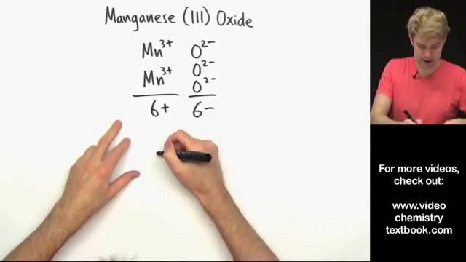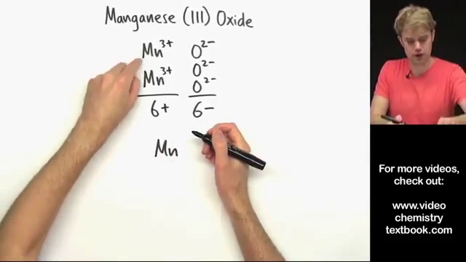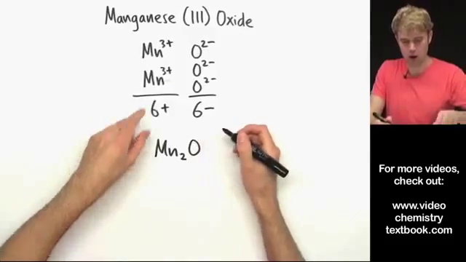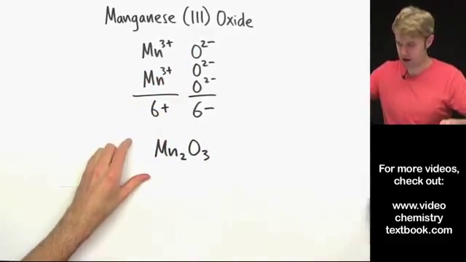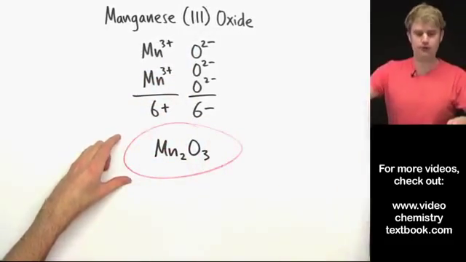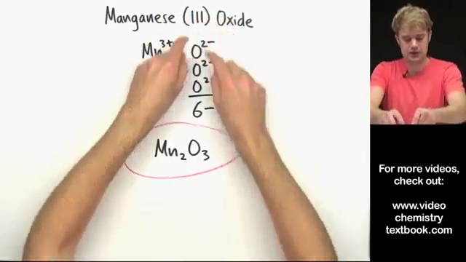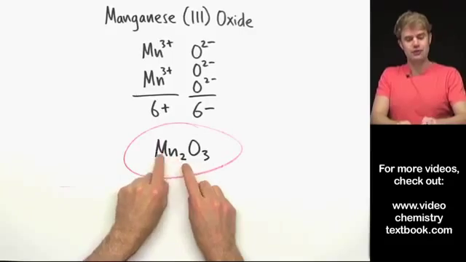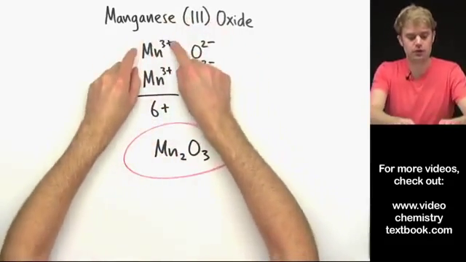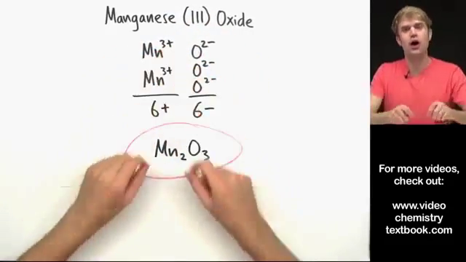So our formula is Mn. We got 2 of those, 2, O, 1, 2, 3 of those. And as before, don't be confused by this Roman numeral 3. The 3 does not refer to the number that should be after manganese in the formula. The 3 refers to the ionic charge on manganese.